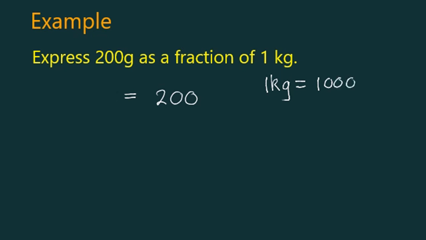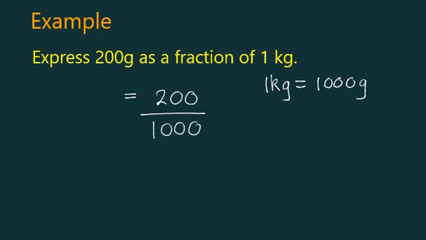So it would be proper for us to be using the same units. So if we have grams and a kg, we have to convert the kg to grams. So a kg is 1,000 grams, so it will be 200 grams over 1,000 grams.